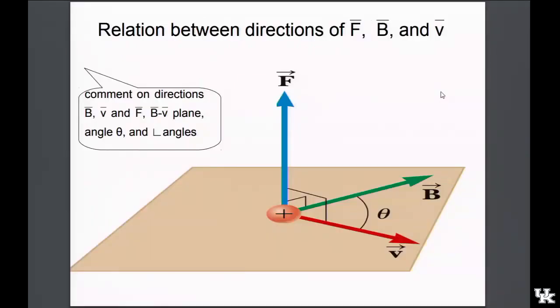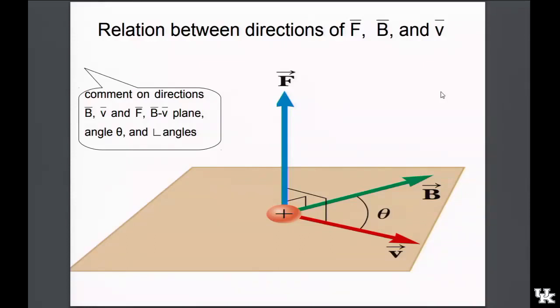Okay. So the first thing I said was that the direction of the magnetic force is actually perpendicular, at right angles, 90 degrees, to the direction of those two other vector quantities, the magnetic field vector and the velocity vector. And that's shown here. If you look at this plot, B is the magnetic field in green.